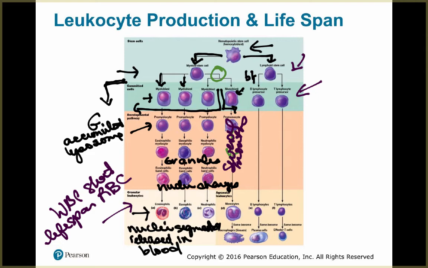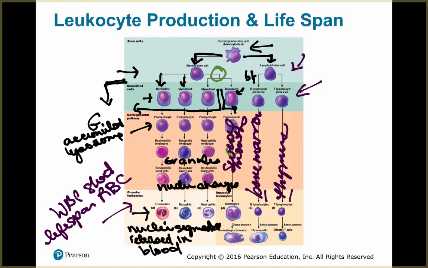The T is going to become mature in the thymus, and the B will become mature in the bone marrow. And I remember this because B is for bone marrow and T is for thymus. So basically they get made in the same area in the bone marrow.